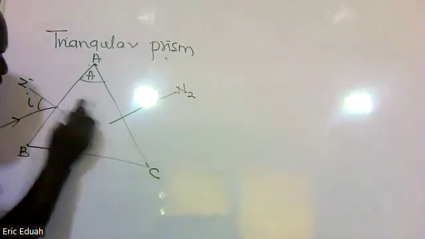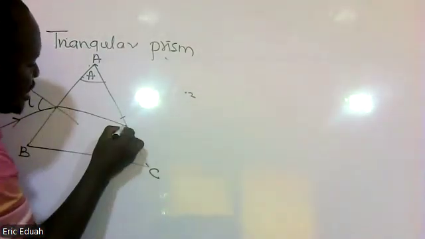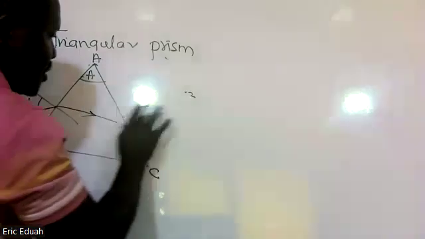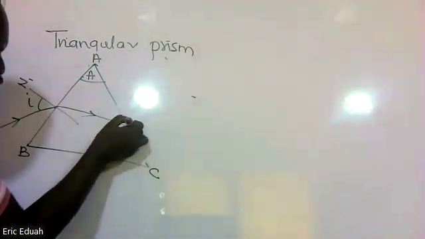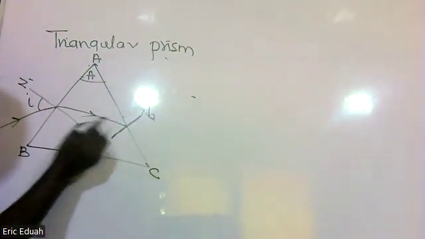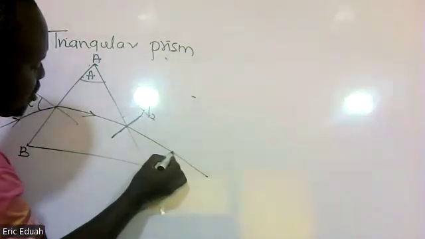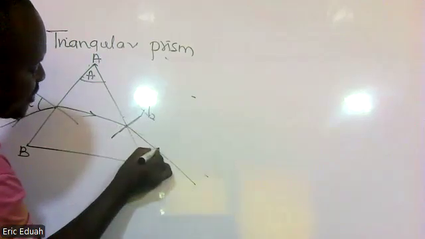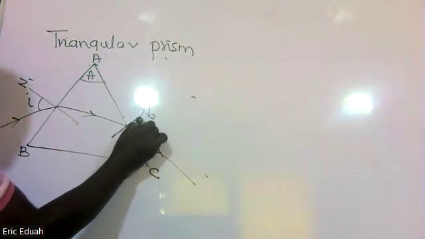So this becomes the refracted ray. And as the light comes out of the prism, you draw the normal there, N2. Here, because it's from glass to air, it will deviate away from the normal. So this becomes the angle of emergence.